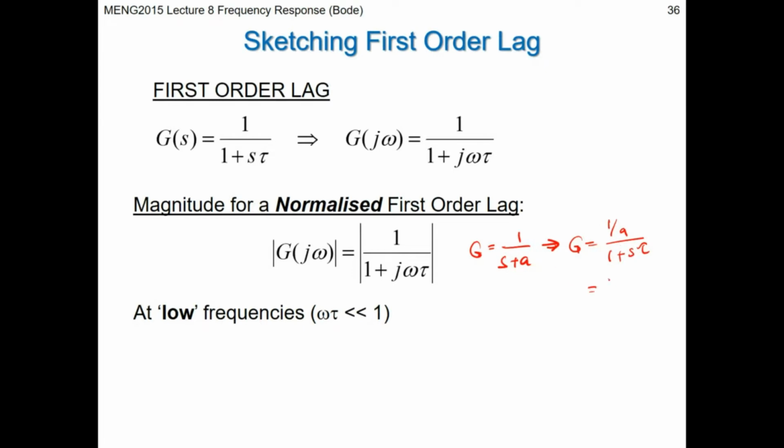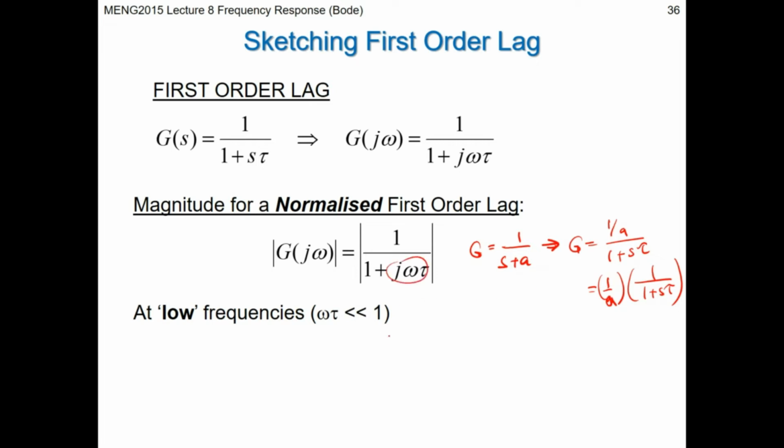So that actually equals 1 over A times 1 over 1 plus S tau. If we normalize the transfer function, we could take out the constant part, which is what we call the gain of this particular little transfer function. So we take that out, and we have a normalized 1 over 1 plus S tau.